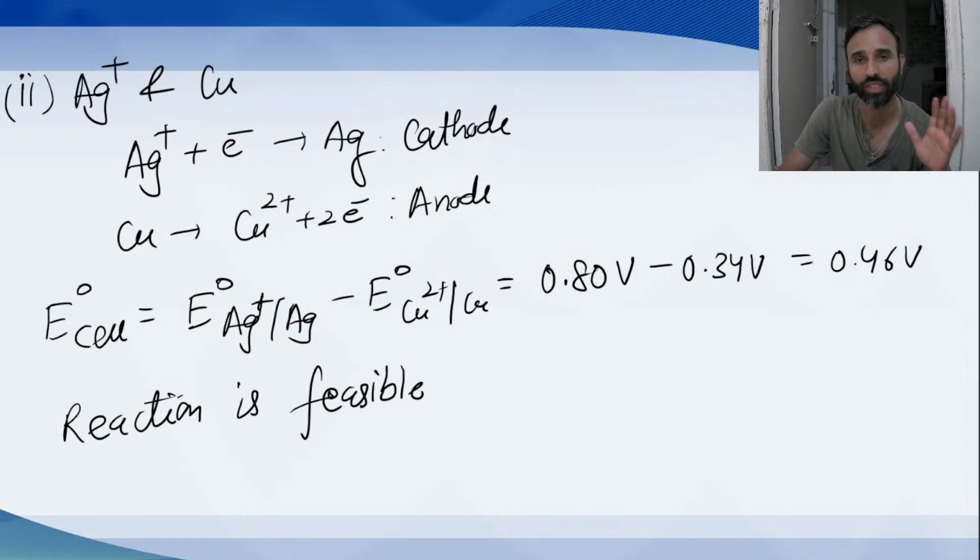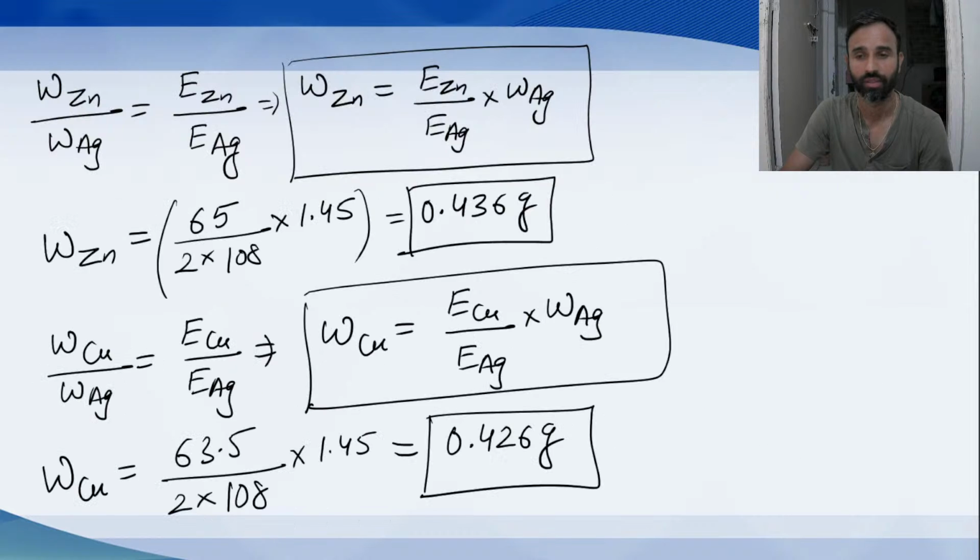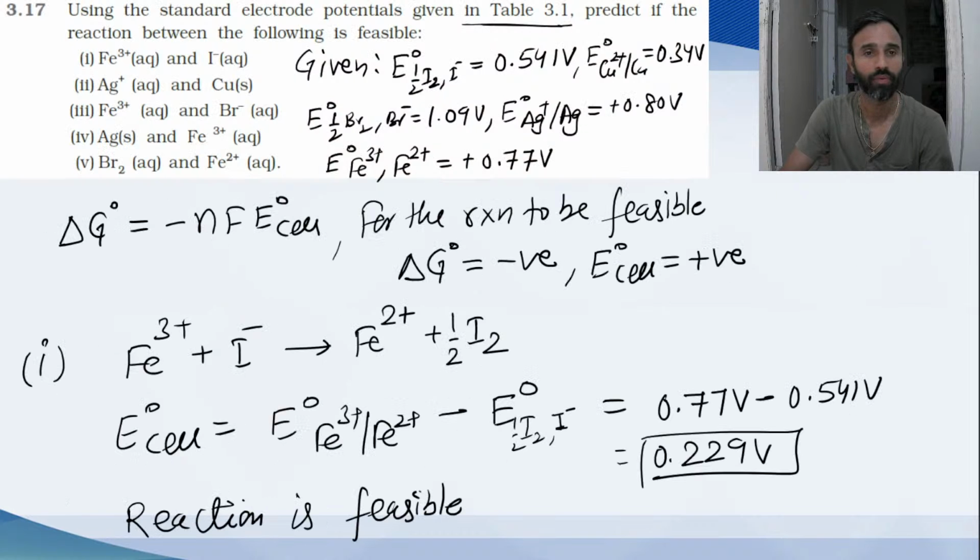Now come to the next one, Fe3+ and Br negative.